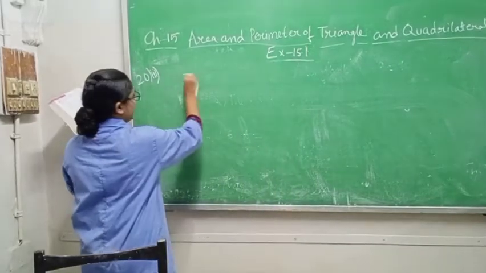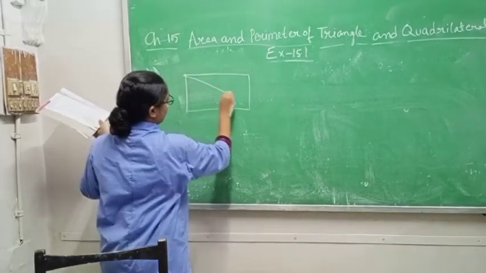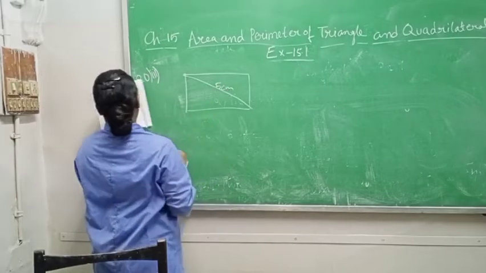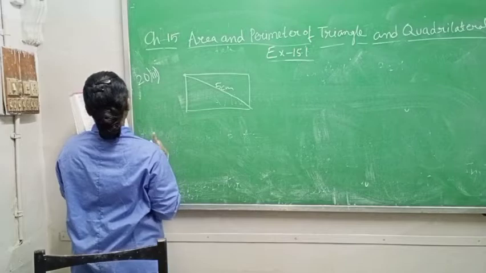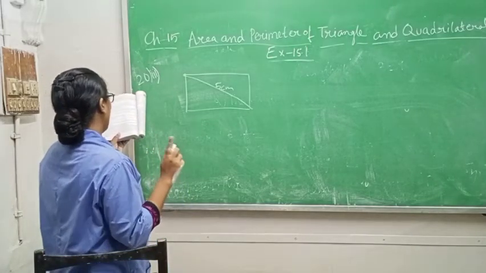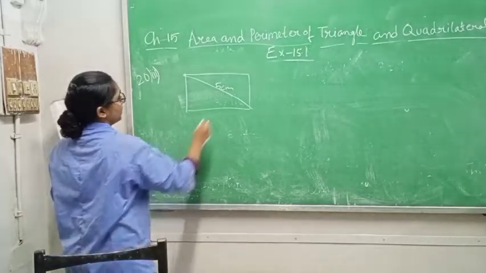Okay, there is one rectangle like this and the diagonal is 5 cm. The length of perpendicular on a breadth of rectangle from the intersecting point of 2 diagonals is 2 cm.